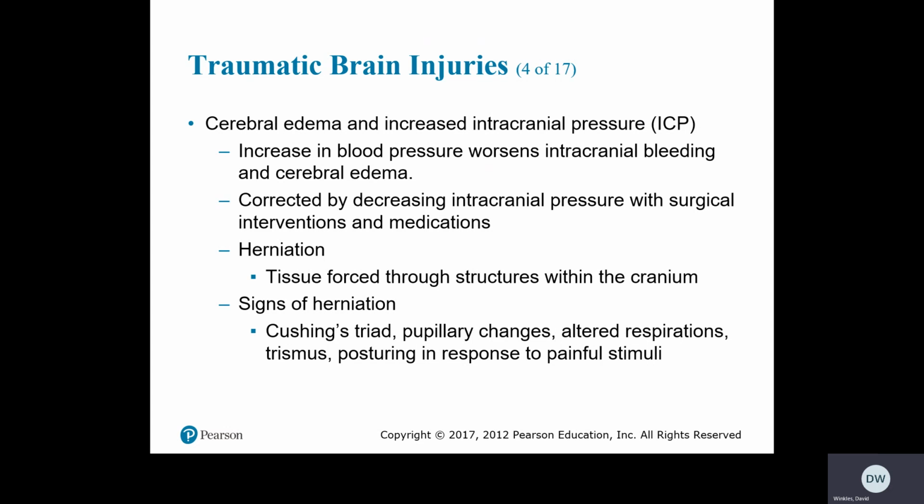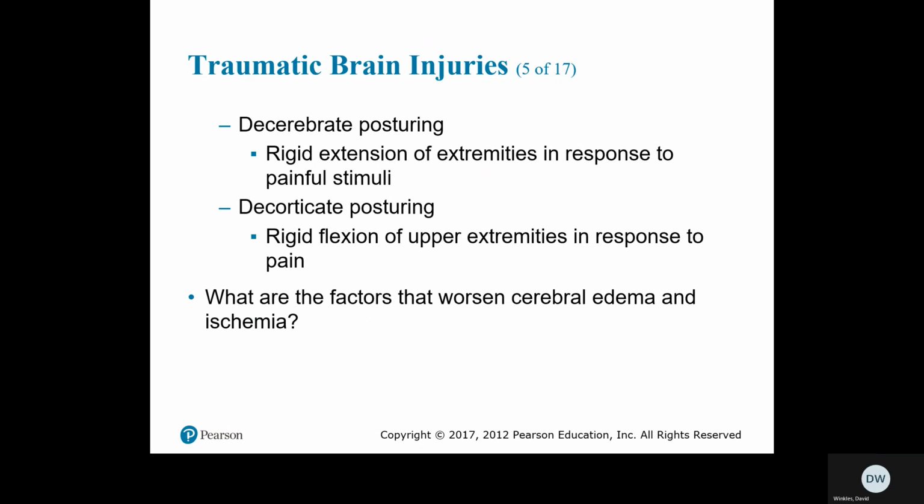manifestations that we see. So you have Cushing's triad, you have pupillary changes, you have altered respirations, you have trismus, which is locked jaw, and then you have the posturing in response to painful stimuli. So that's when you get to that decorticate, that decerebrate posturing, because of those pressures in those areas of the brain.